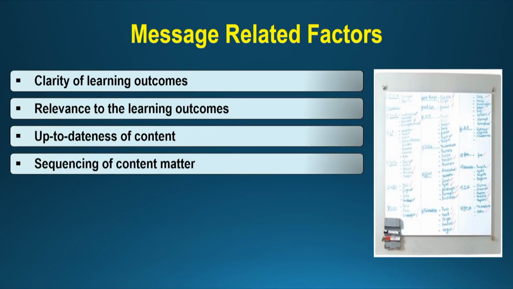Sequencing of content matter needs to be ensured, and while content is selected, the teacher must ensure that he or she moves from simple to complex, from easy to difficult, from concrete to abstract, and he or she tries to organize the content matter in order to facilitate or optimize learning among the student.